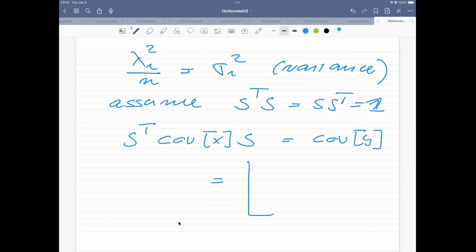And that is equal to just sigma 0 squared down to sigma P minus 1 squared.